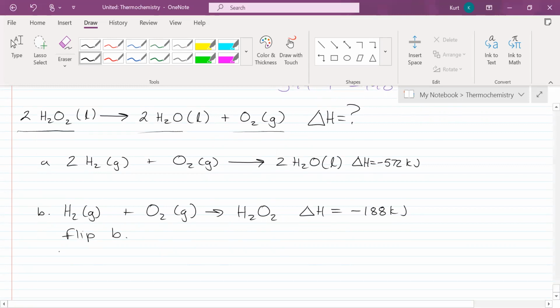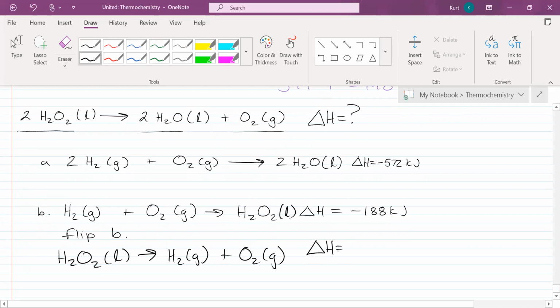Here's our flipped B equation. H2O2 is a liquid, by the way. Yields H2O and O2. What is the new enthalpy? You flipped it. How does it change? Kayla, how does the enthalpy change after we flip it?